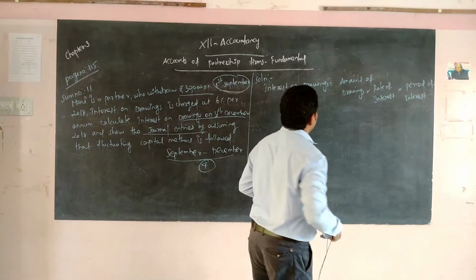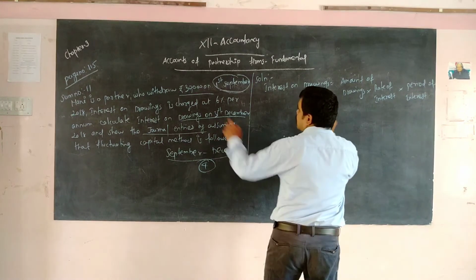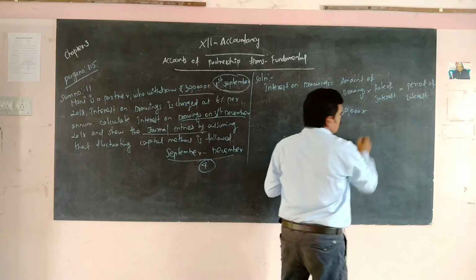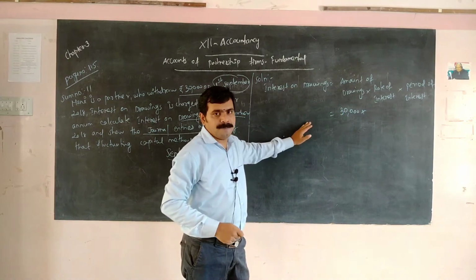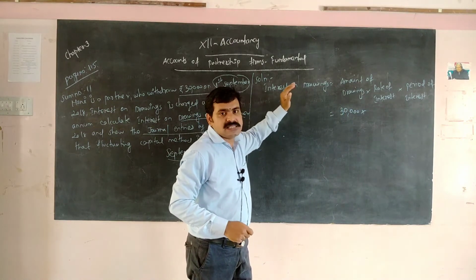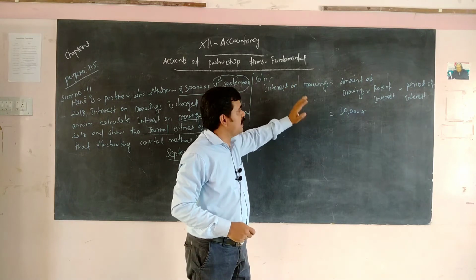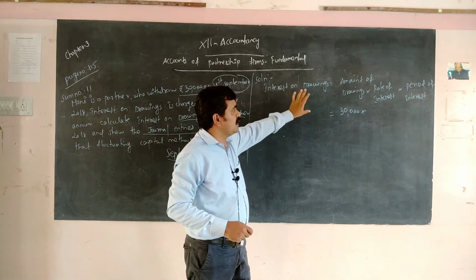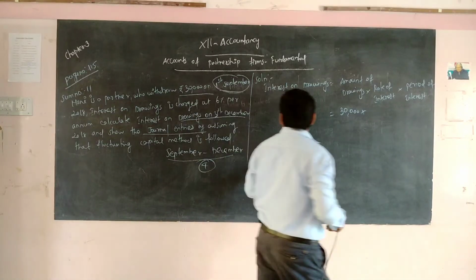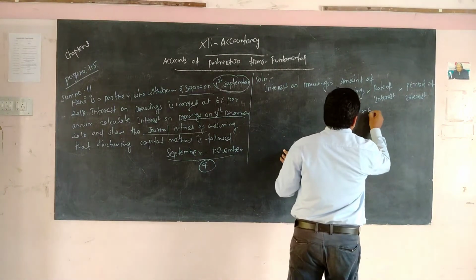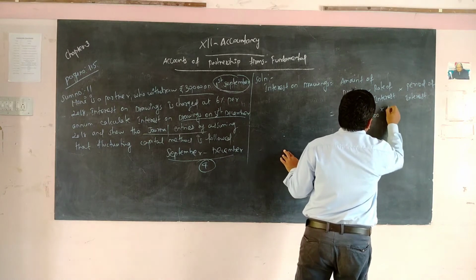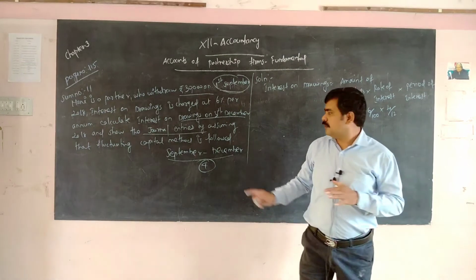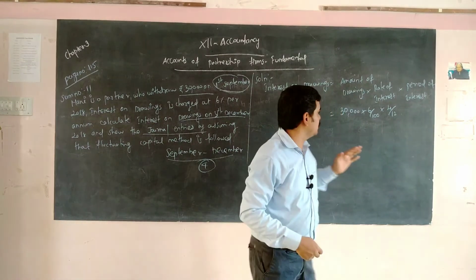So interest on drawing: the amount of drawing is 30,000. When you solve this problem, you have to write this formula. This is very important. 30,000 into 6 by 100 into 4 by 12, because September to December, so we have to take 4 months.